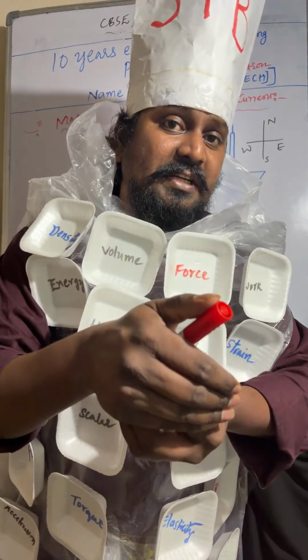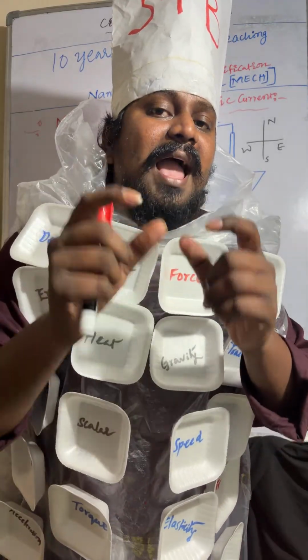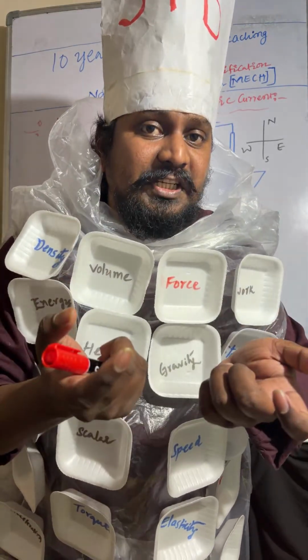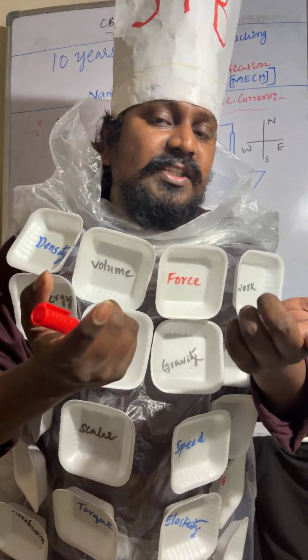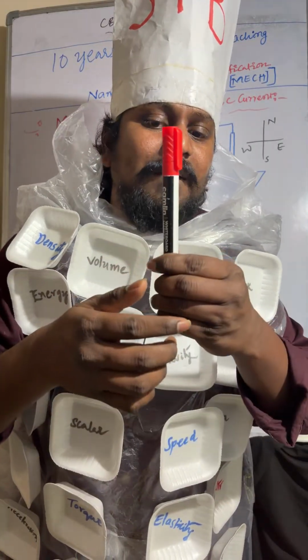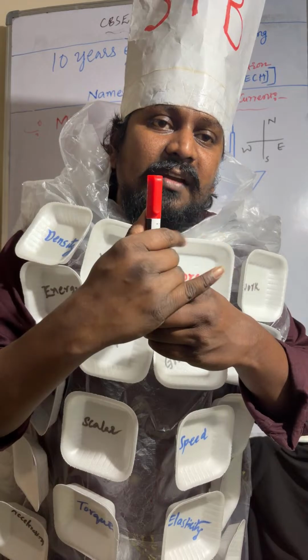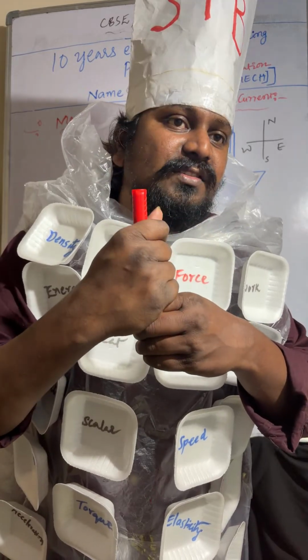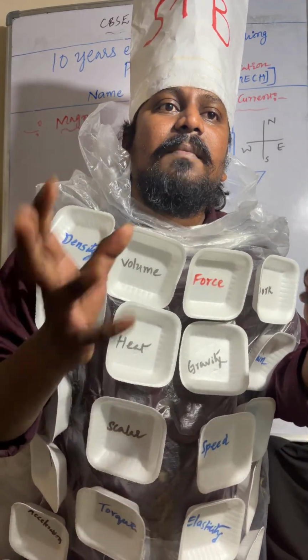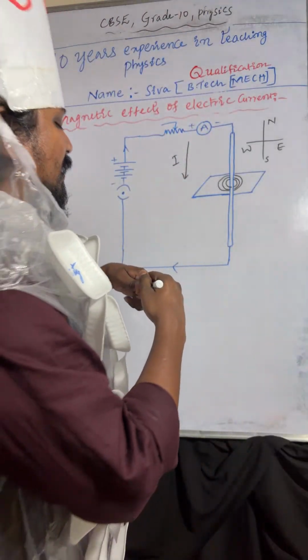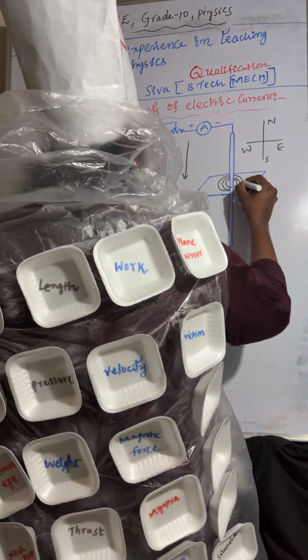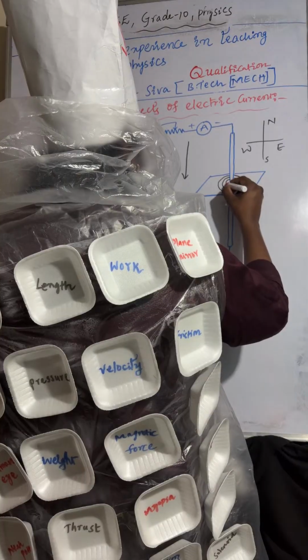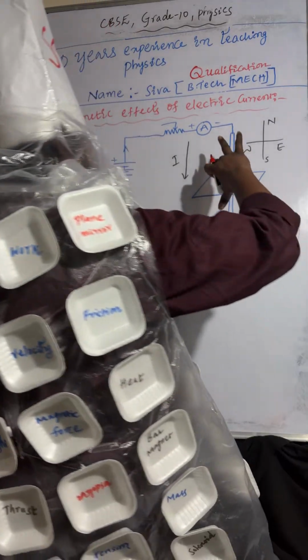Here you have to identify the magnetic field direction. So along the curling fingers direction, the magnetic field will be there, like this.